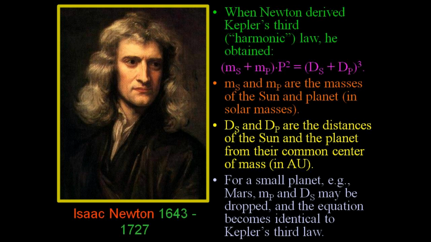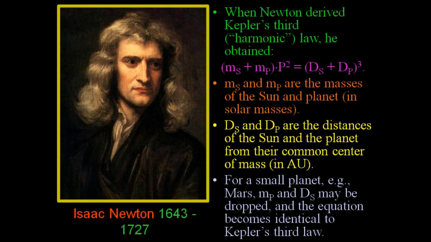Here's the mass of the sun plus the mass of the planet, times the year squared, equals, now this is the distance of the sun from its barycenter. Remember, the Earth doesn't really rotate around the sun. The Earth revolves around a point that's between the center of the sun and the center of the Earth.